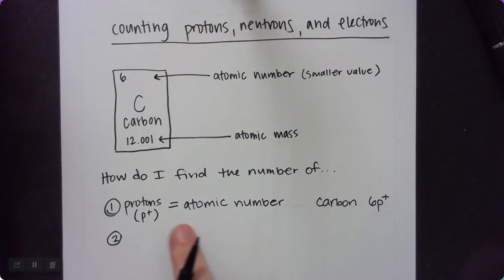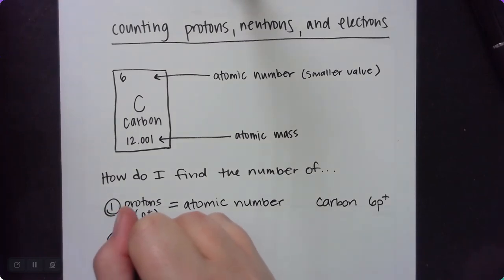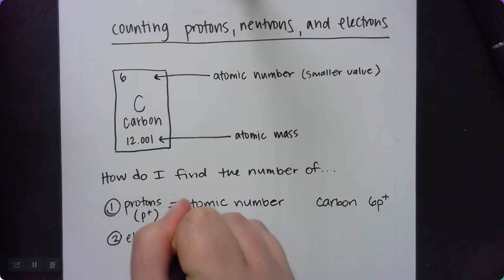If we have 6 positive particles in our atom, we need to balance that out so that they're neutral. So we need to have 6 negatives as well. So let's remember, what are our negative particles called? Yep, that's our electrons. Okay, so E minus.